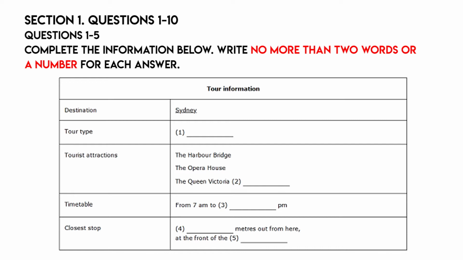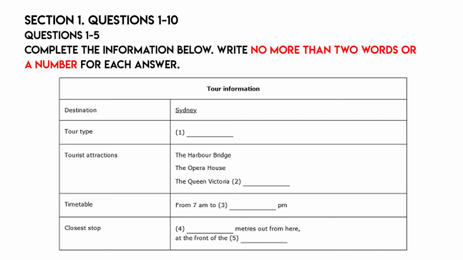Hello, Mr. Smith. How can I be of assistance today? Good morning. I would like to book a tour to Sydney. I can help you with that. What would you like to see? As much of Sydney as possible. What are my choices? There are a number of choices. What type of tour would you like? A pedestrian tour or bus tour? I think I'll choose the bus tour.